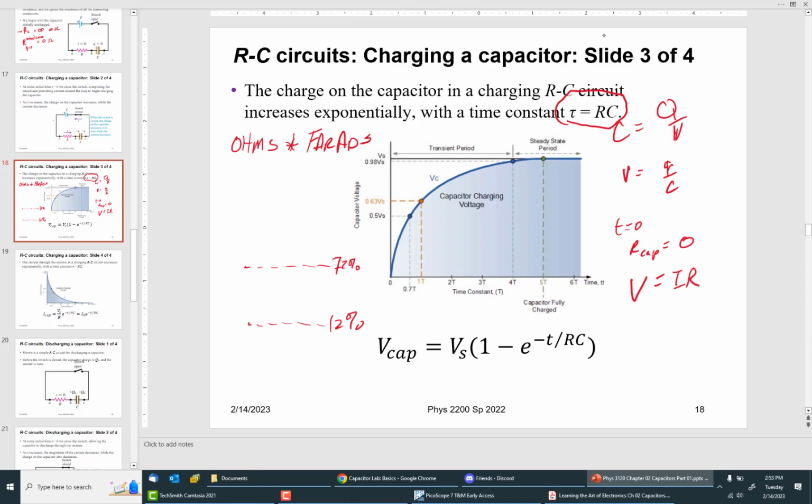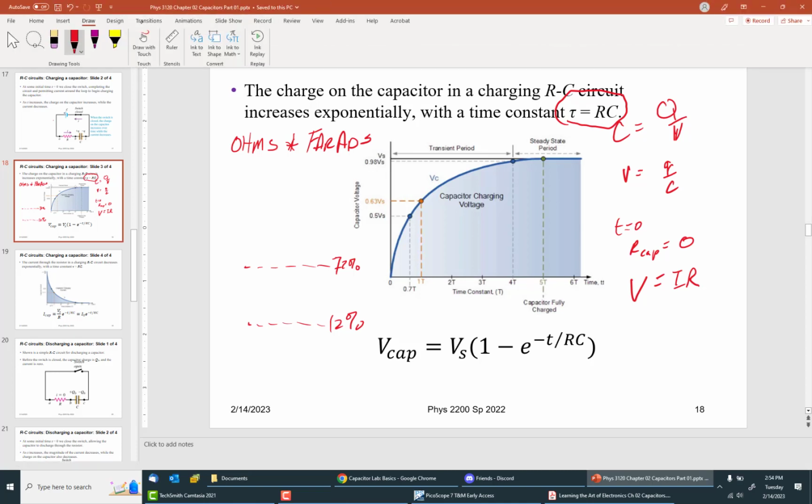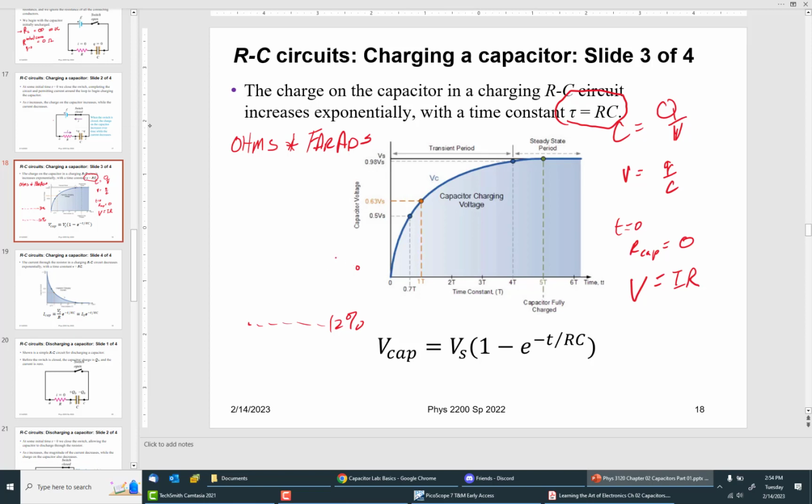But anyways, what we want to do is set up our oscilloscope so we can time how long it takes to get to this 63% line. So that's a side note to yourself. And this is the one time that the variable setting on the volts makes sense. And I'll go over this again, so don't sweat this.